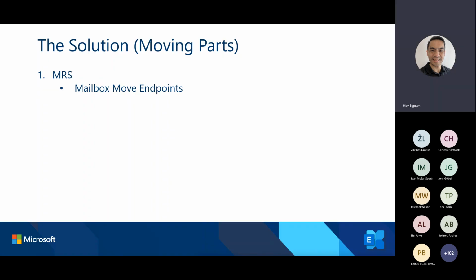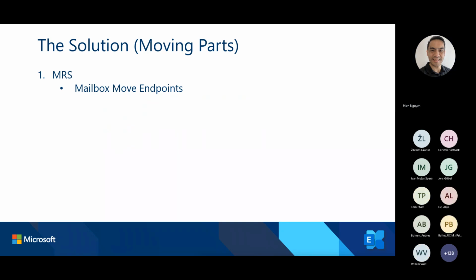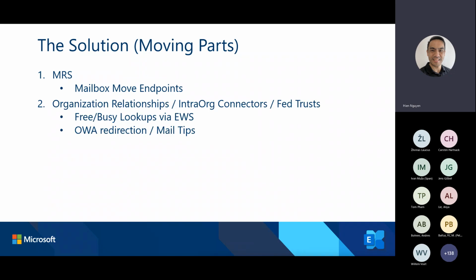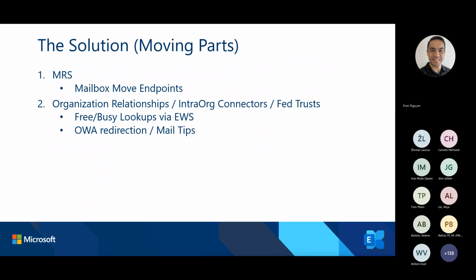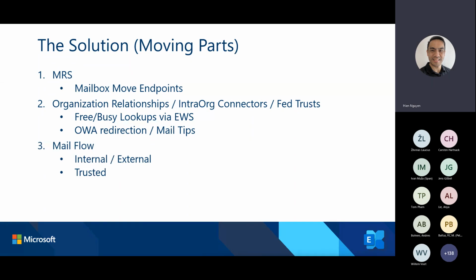Number one, the MRS. That's basically the mailbox move endpoints. Two, the organization relationship or intra-org connectors, the trust, which allows free/busy lookups, automatic redirection, and mail tips. And then three, the mail flow. So internal/external mail flow and trusted mail flow.